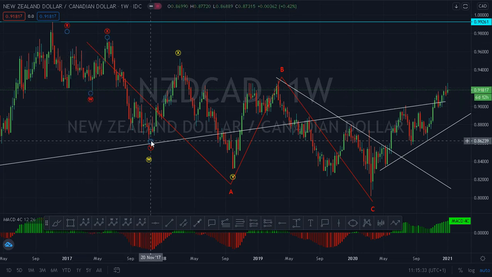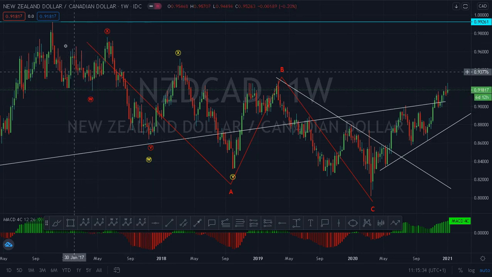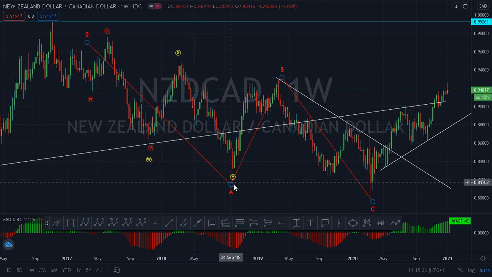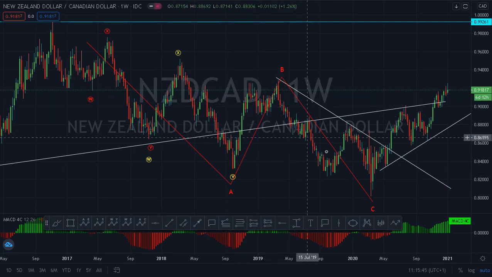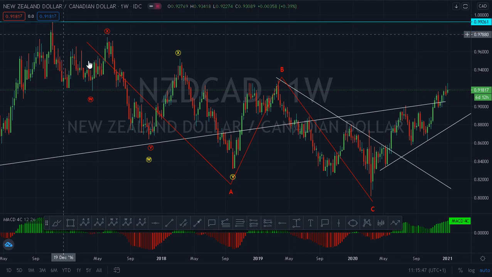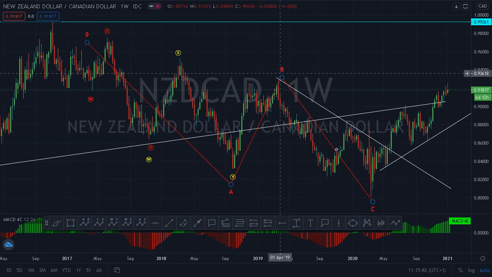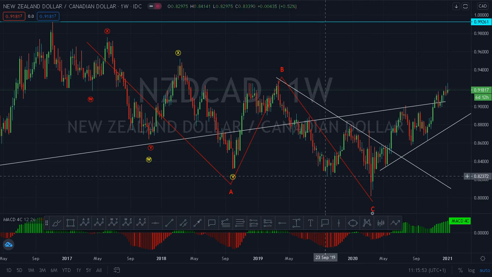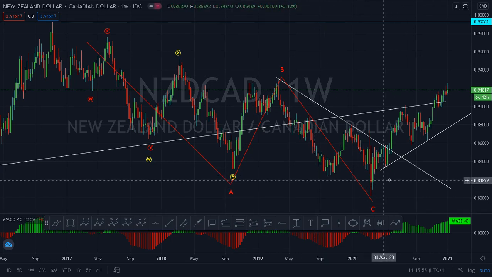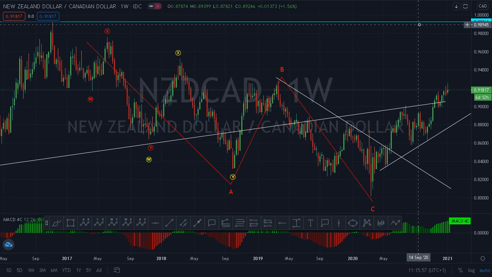In a bigger wave again, W, X, Y, in 3 waves. Then the bigger wave, A, B, C, also in 3 waves. So it is an indication that the uptrend might continue up here.